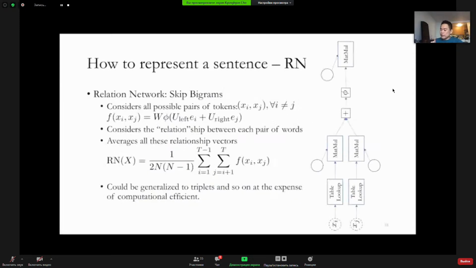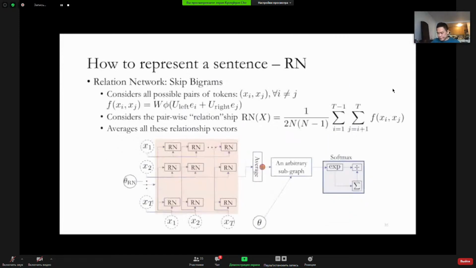We apply this relation module over and over for every possible combination of the tokens. Of course, you can think about generalizing this to triplets and so on, but at the expense of computational efficiency.